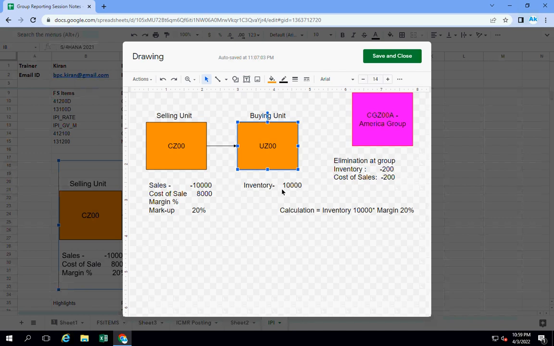Also the net income of the selling unit has to be adjusted. How is it calculated? My inventory value is 10,000, multiplied by the 20% markup or margin maintained in the selling unit, which is 2,000. That is my elimination from the inventory and adjustment from the net income.